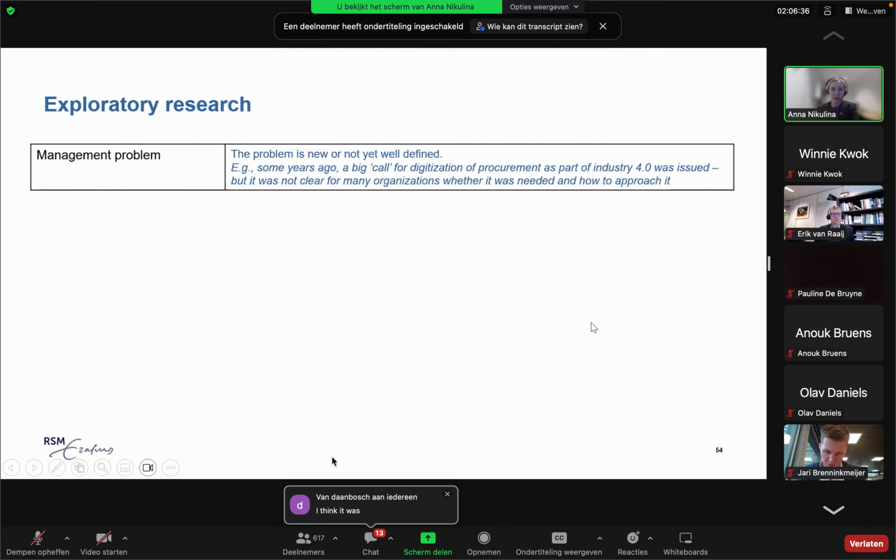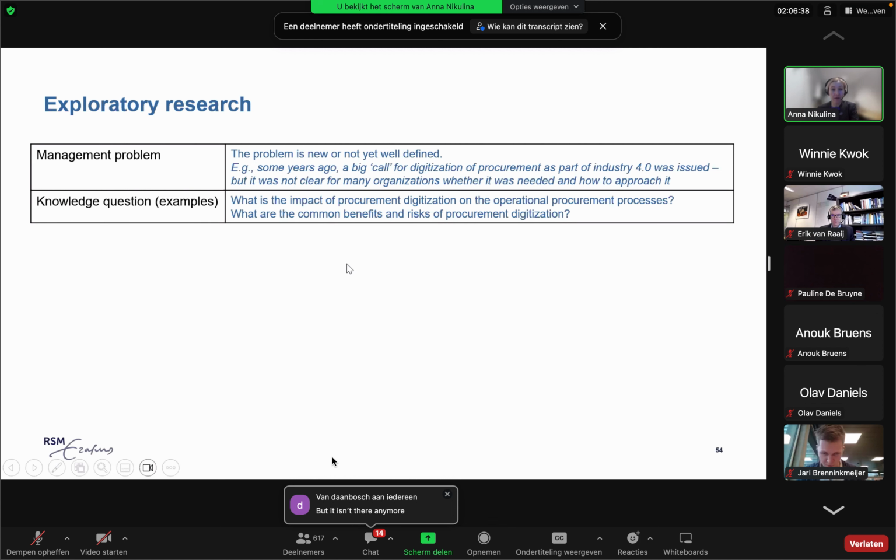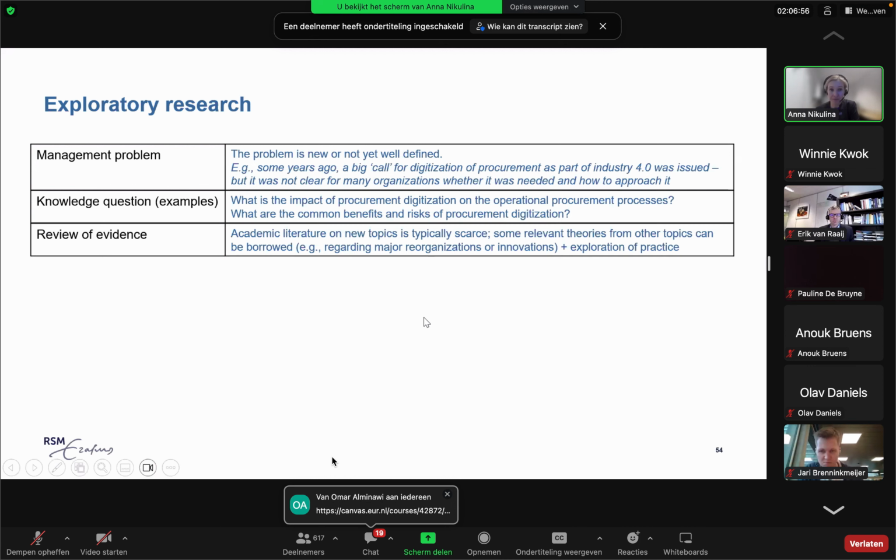So again, imagine the problem is new. Then the knowledge question that you can generate, thinking the problem is new, should be exploratory. What's the impact that digitization can have on the processes in procurement, or what are the benefits and risks? We're just really trying to find out how something works.